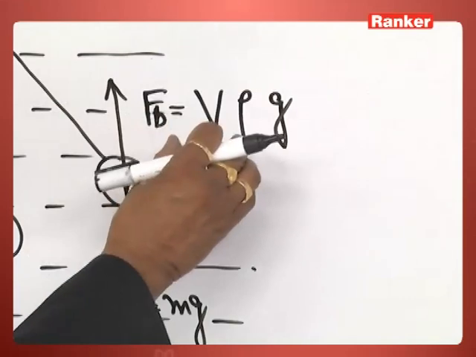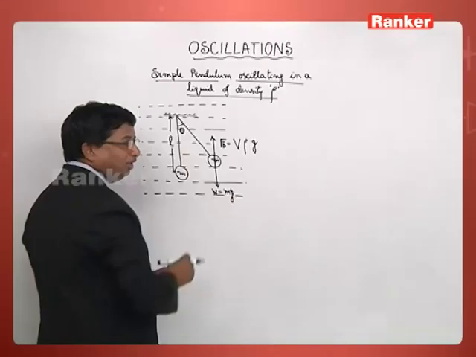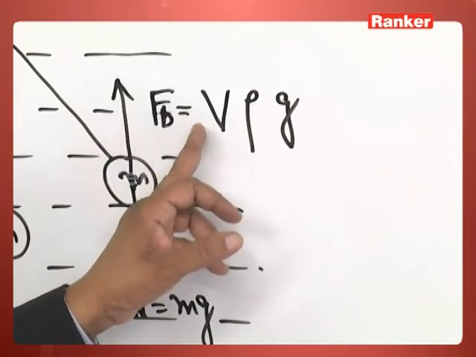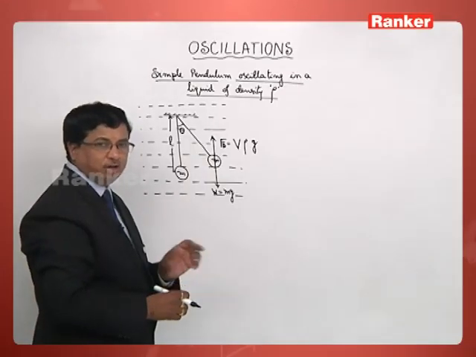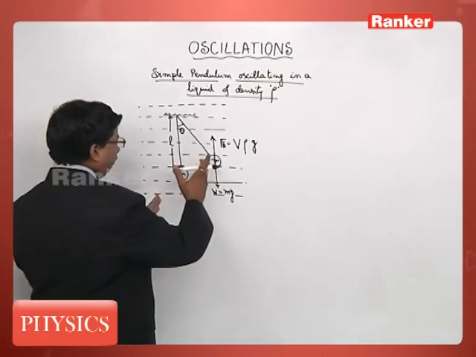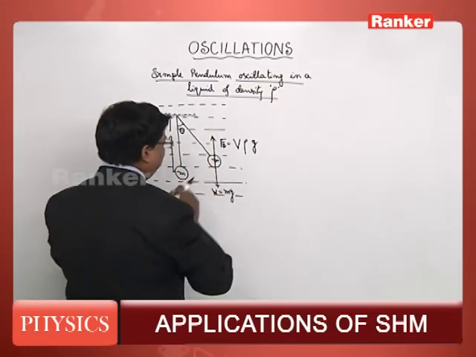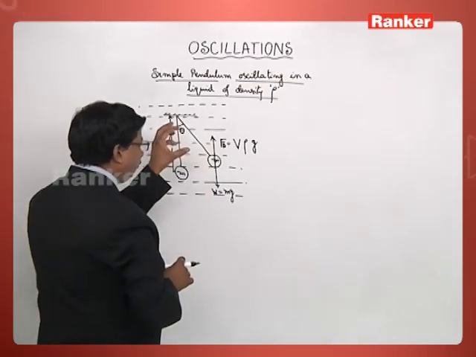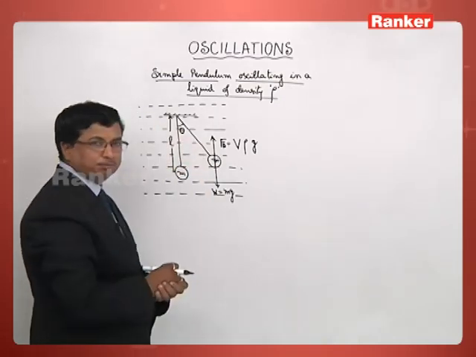It is in fact buoyant force also is equal to mg only. But while taking up mass, it is volume into density we are considering, that's all. So the buoyant force is acting upward and weight is acting downward. Then what would be the effective force that is acting on the system?